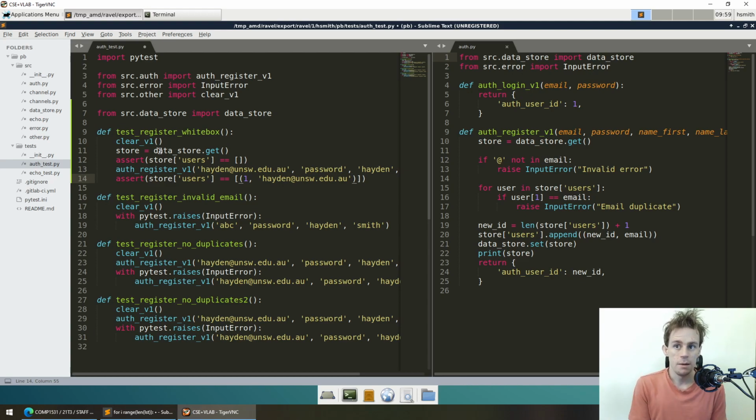The downside of a white box test is that it takes more time to write. It also makes your code less durable, because if someone comes along and says, oh, the data store is terrible, let's use a database, you have to rewrite all your white box tests. But with black box tests, the entire rewriting of an implementation should still let your black box tests pass. That's why it's generally good programming practice. But that's an example of a white box test.